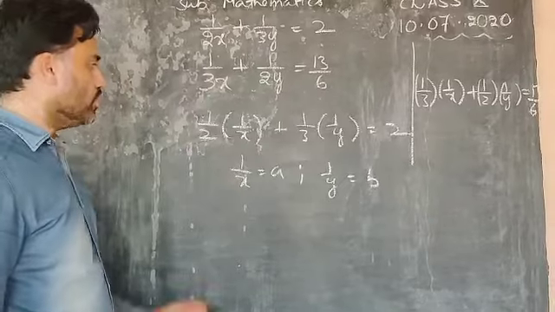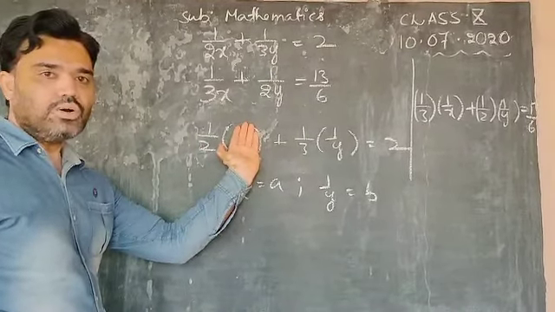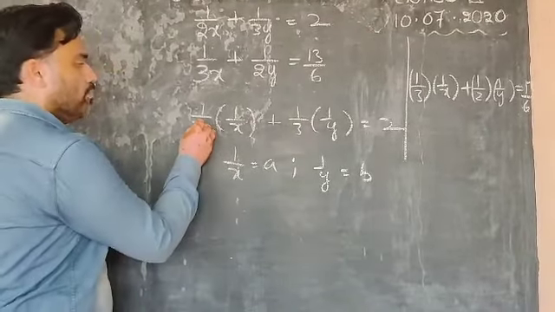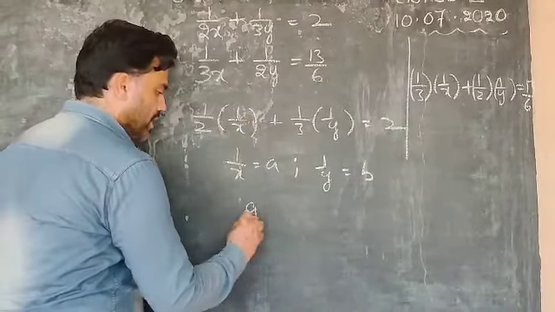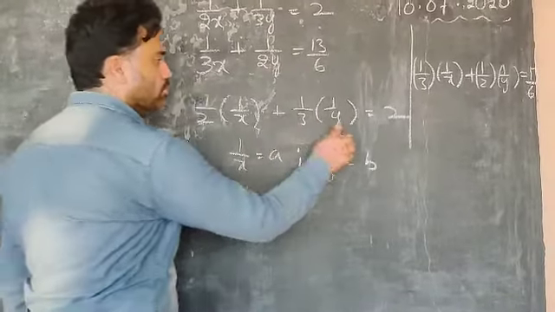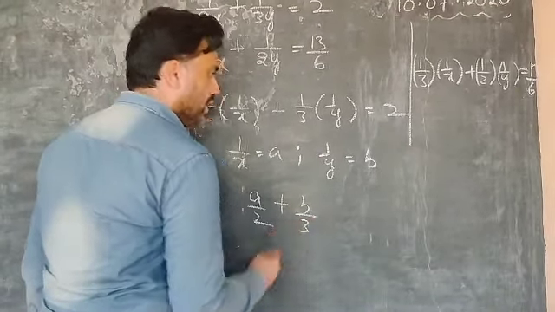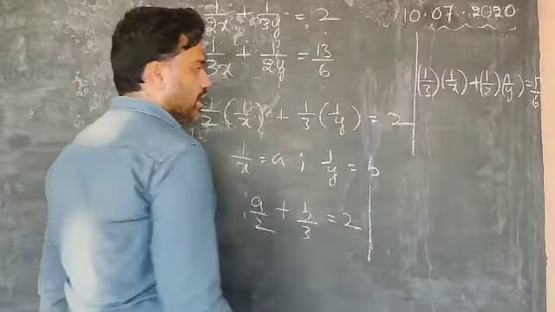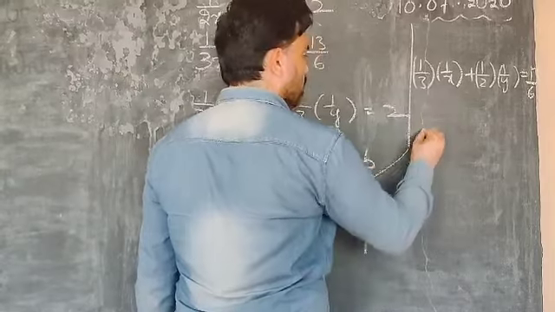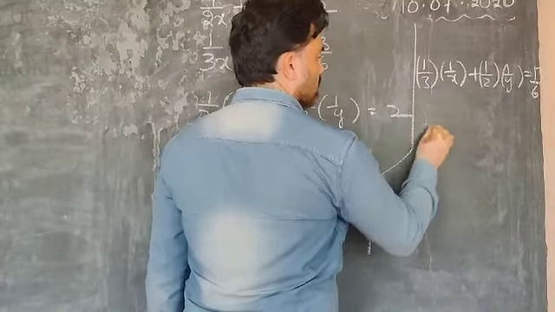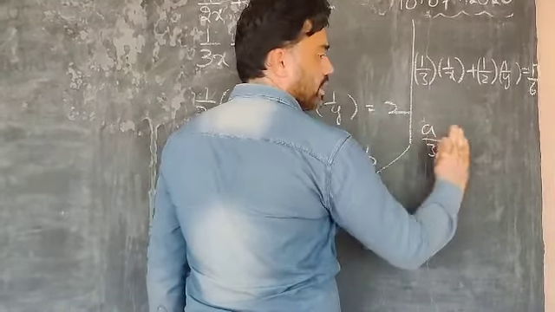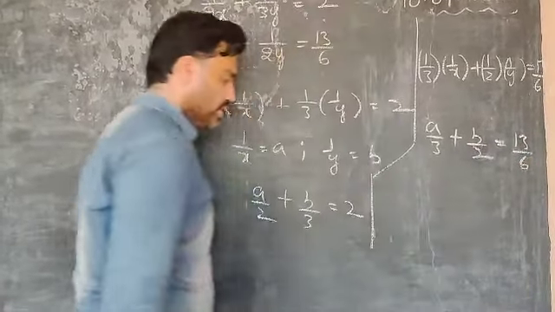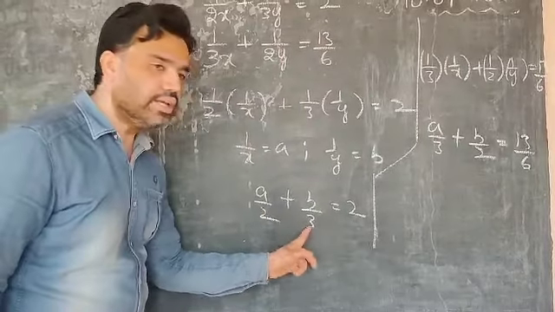Okay, so therefore you need not write 1 by x now. You can write it as a, and 1 by y as b. Therefore 1 by 2 into a means a by 2. 1 by 3 into b, okay, b by 3, that is equal to 2. When you come to the second equation, now 1 by 3 into a means a by 3. 1 by 2 into b, b by 2, that is equal to 13 by 6. Can you tell me what is the LCM of 2 and 3? 6.